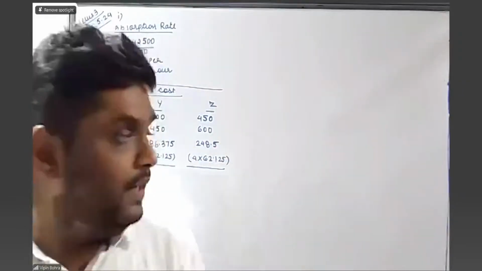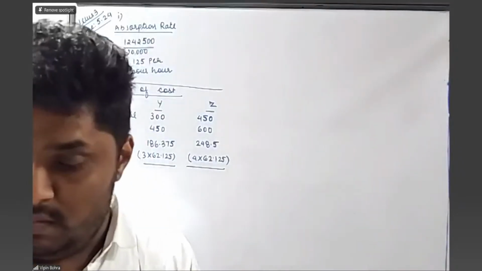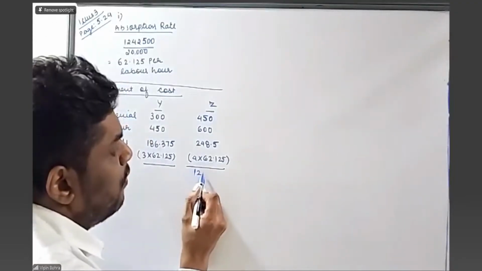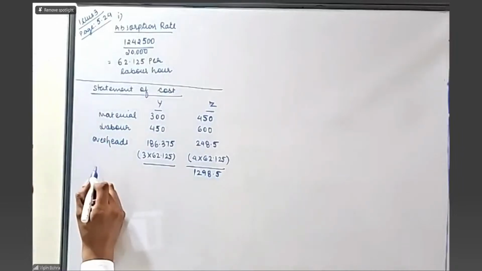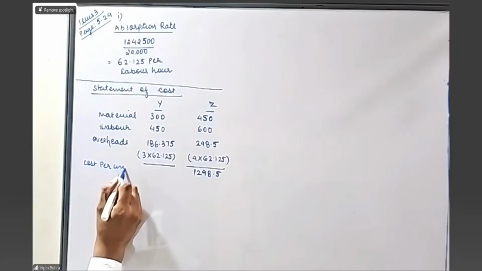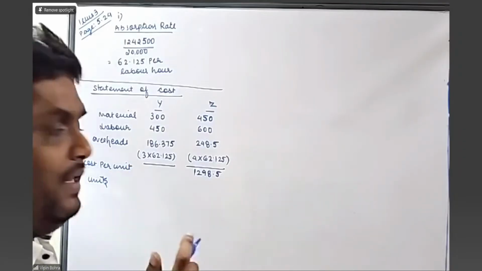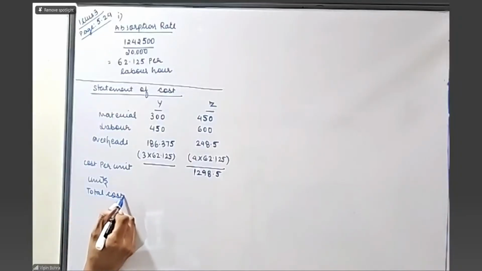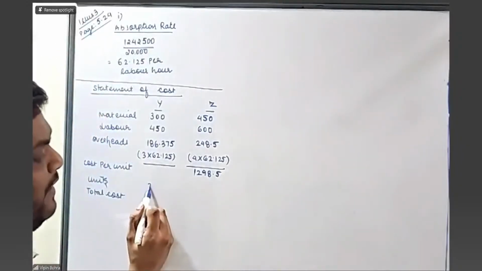So we can calculate the total cost. If we want to calculate the total cost per unit, this is the cost per unit. If we multiply it by the number of units, we will get the total cost. The number of units are 2,500 and 3,125.